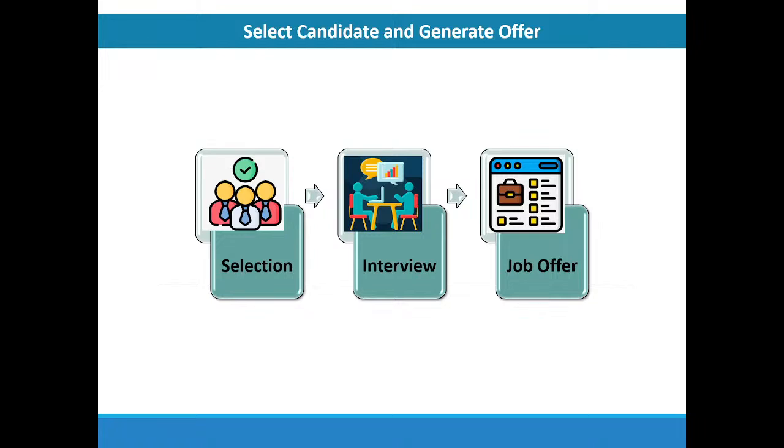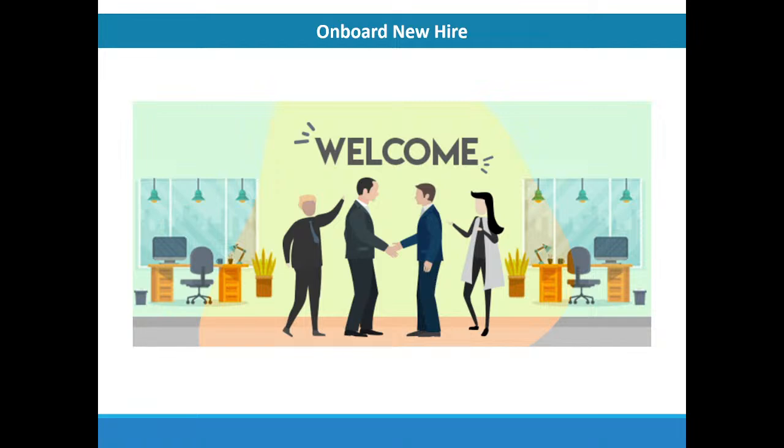Using all these tools, you will succeed in making a job offer and getting the right candidate on board. So draft powerful interview questions and receive collective feedback from the interview, and the selected candidate will receive an offer from the recruiter. At last, we have the onboard new hire.